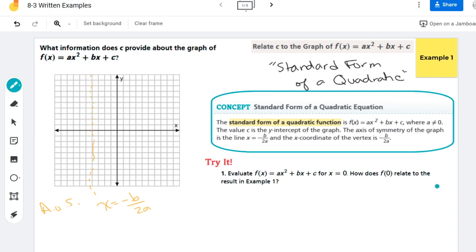So what I want to do is actually use the Try It to help explain this concept. I'm going to be plugging a 0 into my function, and I want you to see what happens. Everywhere there's an x, I'm putting a 0.